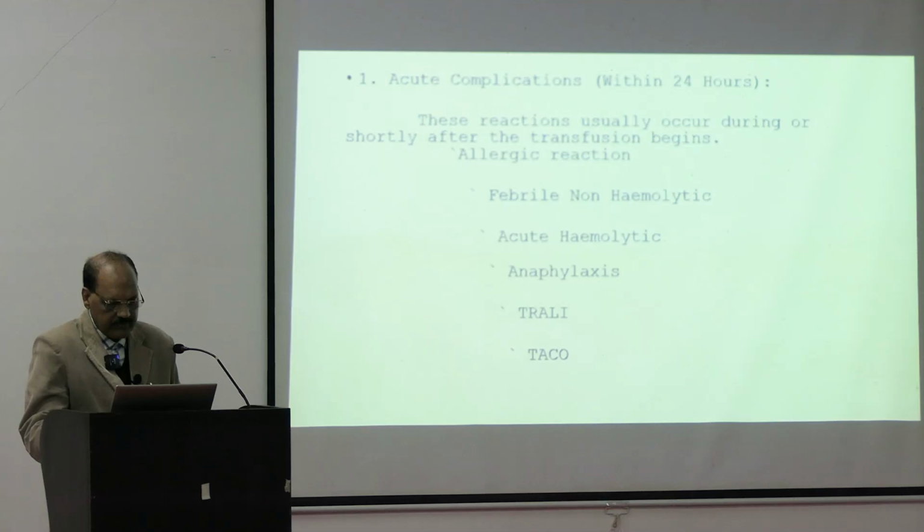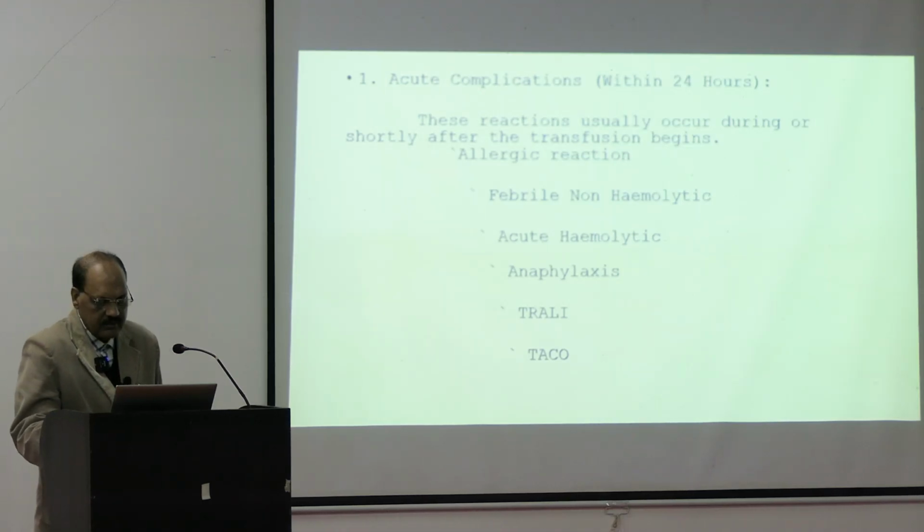Sometimes there may be febrile non-hemolytic reactions. Febrile episodes may be there. The patient may have fever, rigors and chills. And there may be acute hemolytic reaction, acute hemolytic crisis. Then there is anaphylaxis. In a severe situation, there may be anaphylactic reactions.